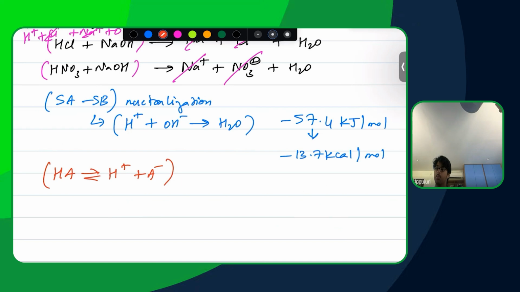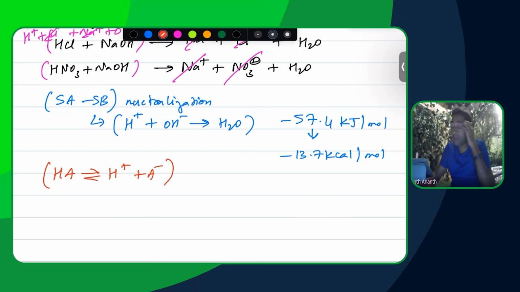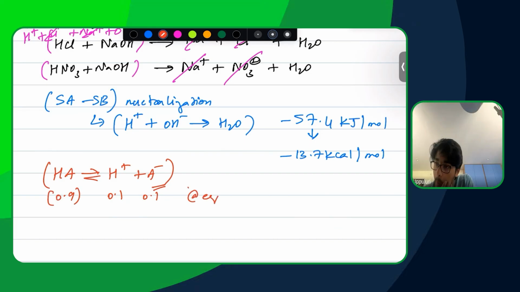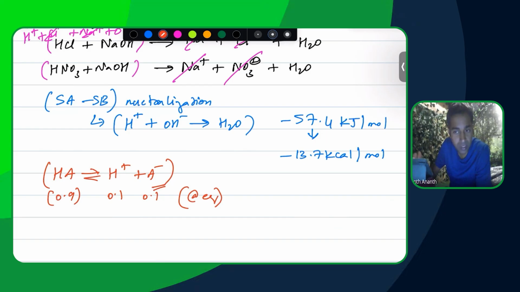Let's say the HA has already partly broken down and maintained an equilibrium of H plus and A minus. Let's say 10% is present like this. So 0.1 and 0.1, and 0.9 is left over at equilibrium. Now I'm neutralizing this.